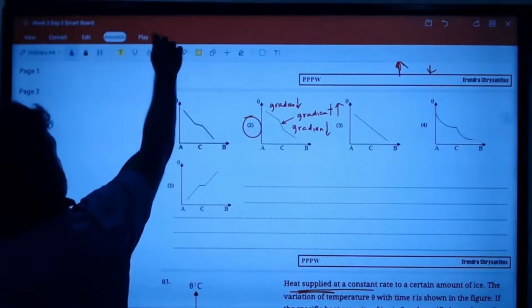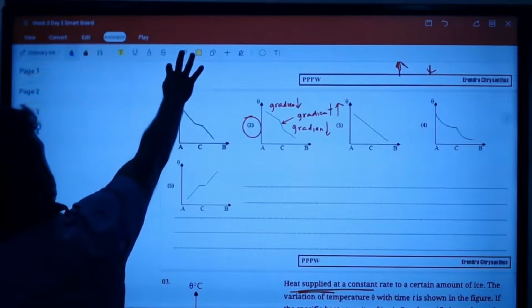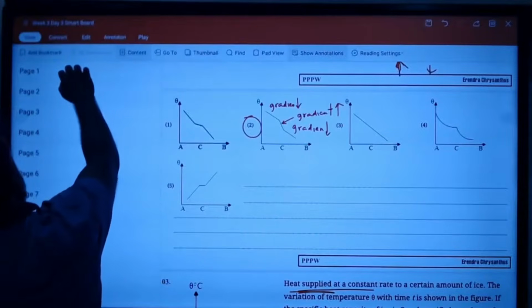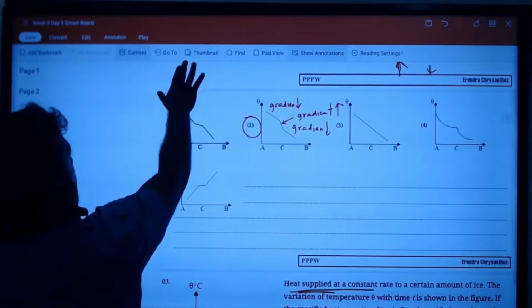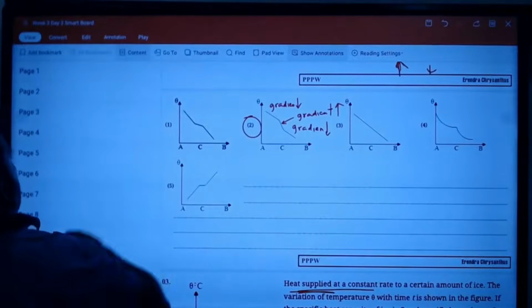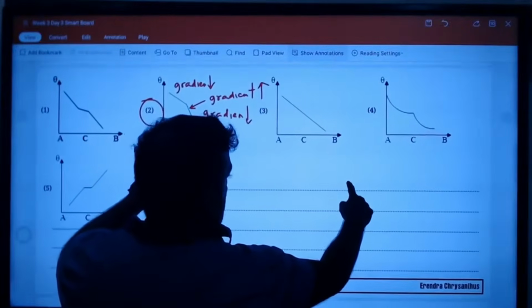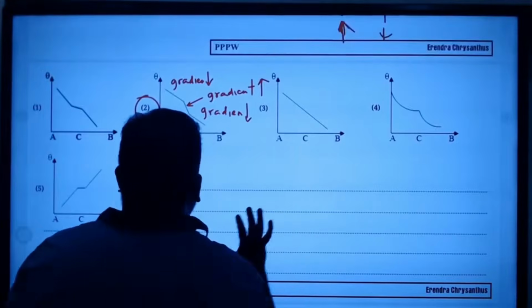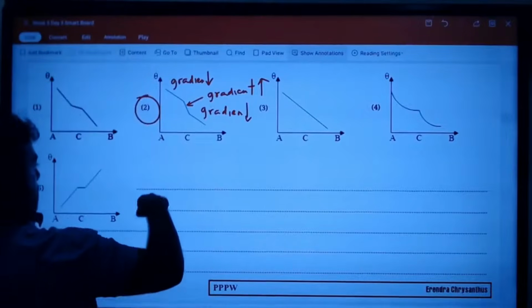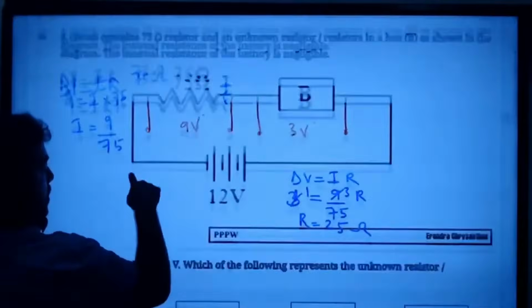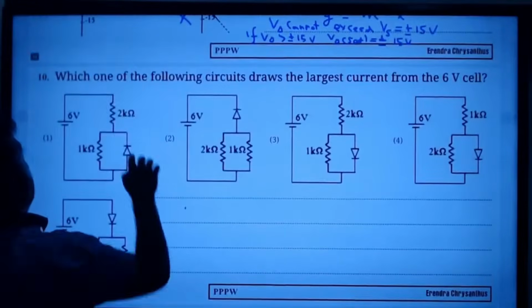New content, right? Okay, done. Right, all of you can see this one? Okay. Let's go up.